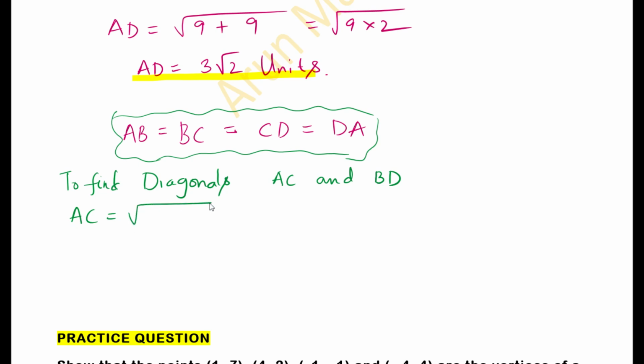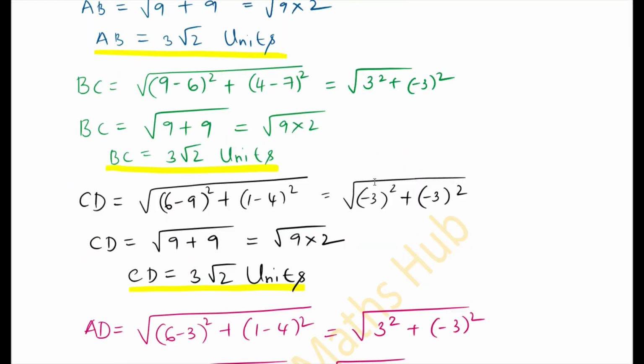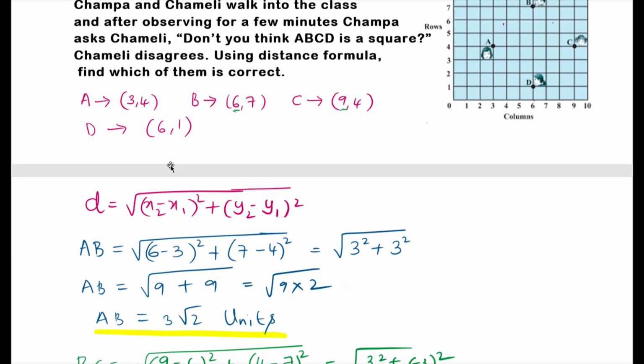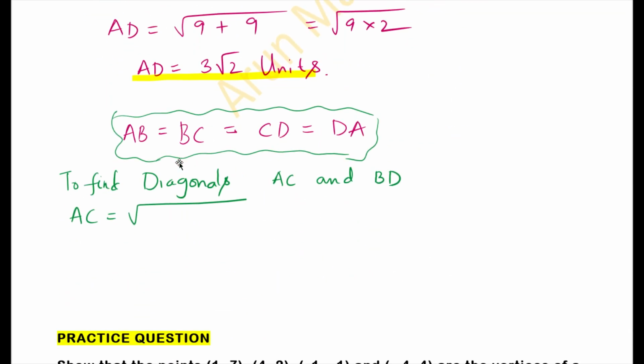AC equals square root of x2 minus x1, that is 9 minus 3 whole square plus 4 minus 4 whole square. What we get? 9 minus 3 is 6 square, 4 minus 4 is 0, 0 square is 0. 6 square is 36, square root of 36 is 6 units. We got the diagonal as 6 units.